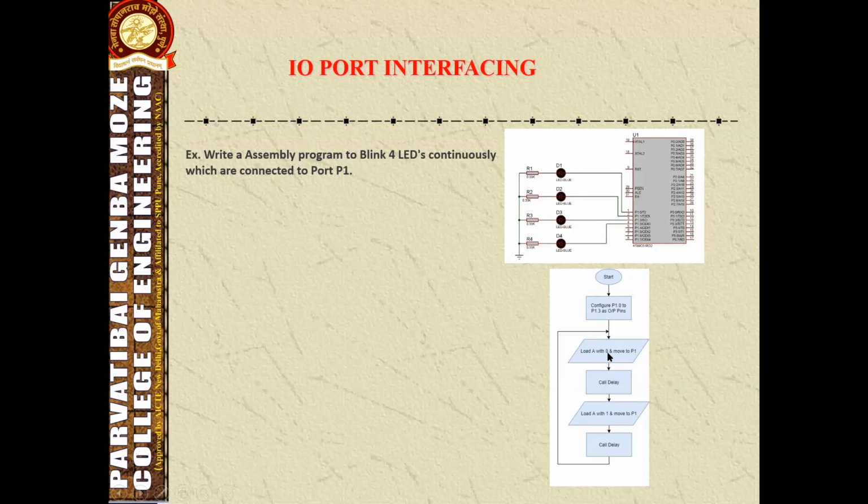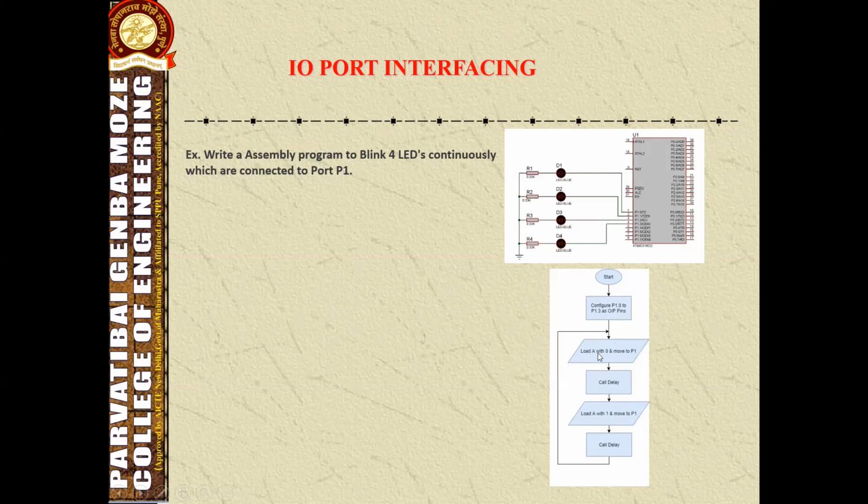How do we say these pins should act like output pins? When 0 is entered into these pins, they act as output pins. We have to write a command like that.